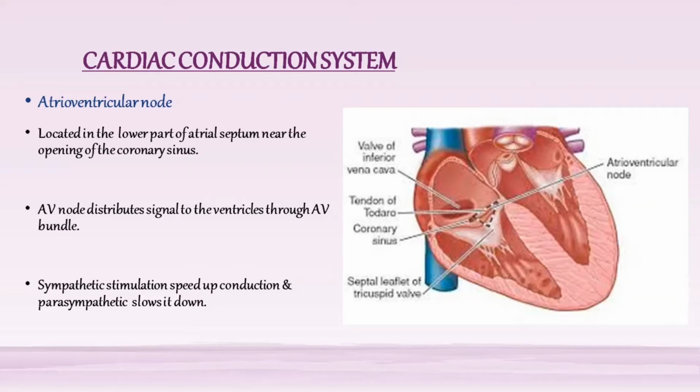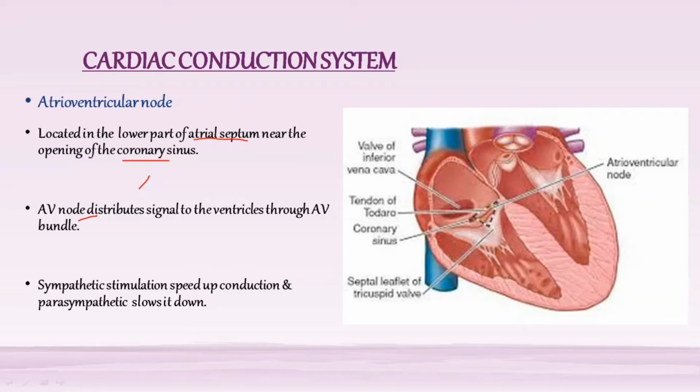The first is that it is located in the lower or the inferior part of the interatrial septum. So the first is it is located in the lower part of interatrial septum, near the opening of coronary sinus and above the attachment of septal cusp of tricuspid valve.